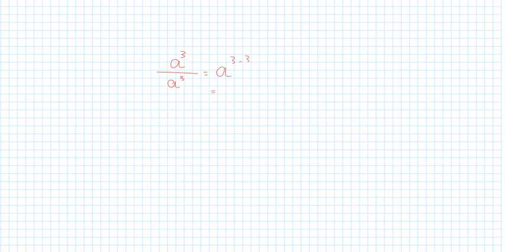That gives me a to the power of 0, right? What if you don't want to subtract the exponent? When you have a cubed over a cubed, what is it equal to? 1. When you divide something by itself, if you have 5 divided by 5, that equals 1. 20 divided by 20 equals 1. So no matter what you have, as long as you're dividing it by itself, it's going to equal 1. So a to the power of 0 equals 1. That's why anytime you get 0 as your exponent, your answer is going to be 1.